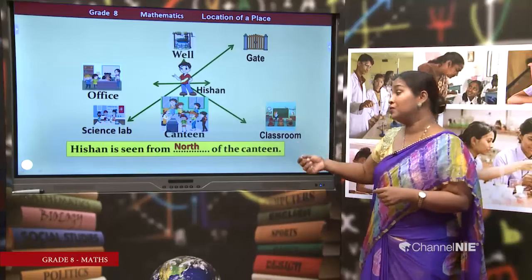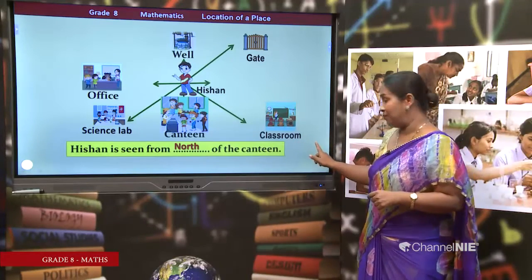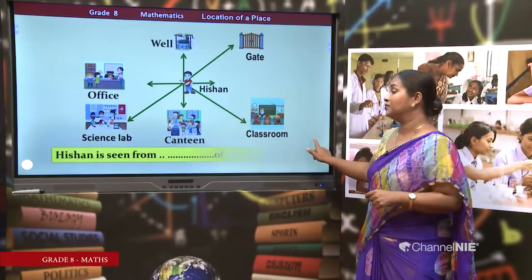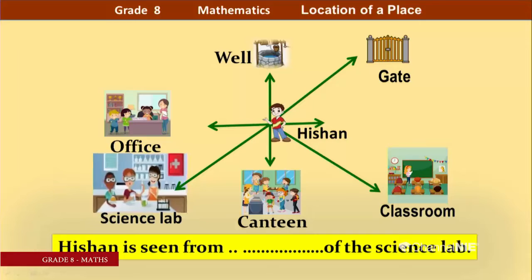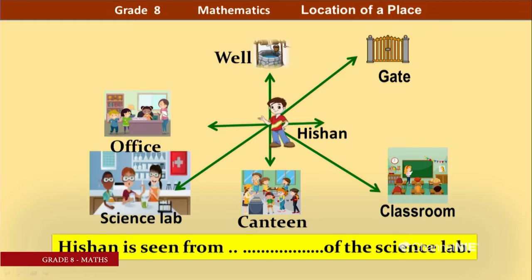You have to go to the science lab. Now you are at the science lab. You are looking at Hishan. Yes, Hishan is seen from which direction? It is northeast of the science lab.